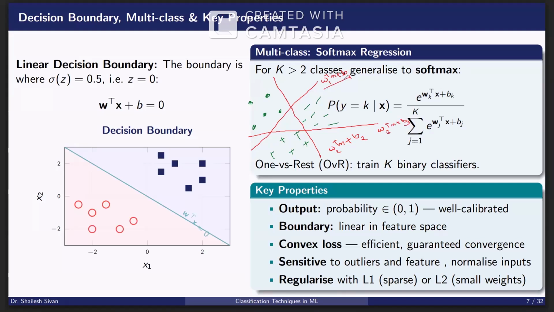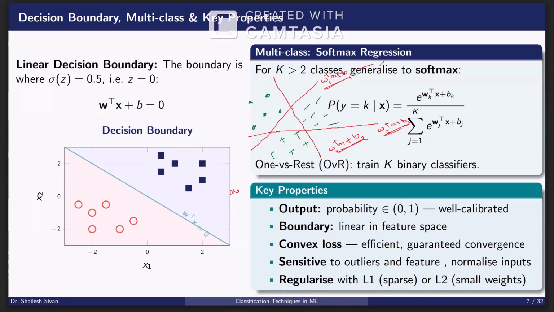So you are getting 3 decision boundaries. We will calculate the probability of a new X0 on this decision boundary, on this decision boundary, and on this decision boundary.